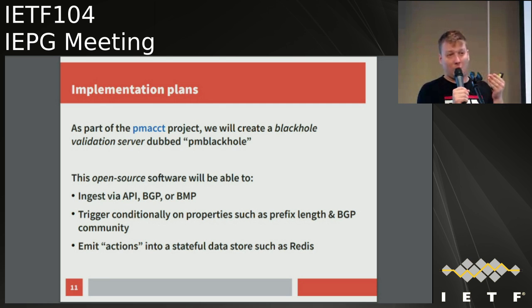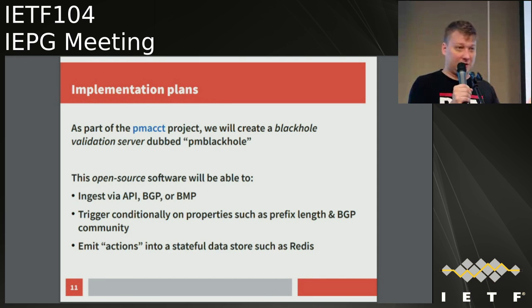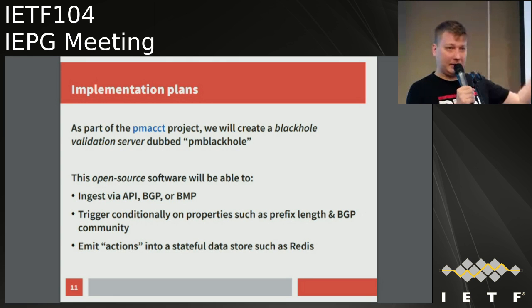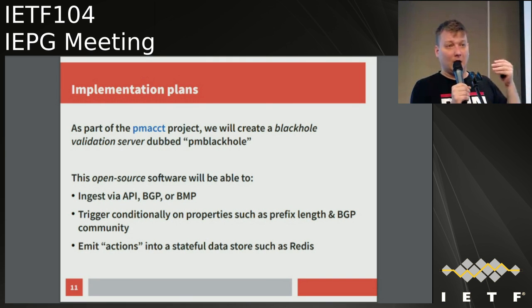It can already walk the RIB in various directions and perform comparisons between more specific and less specific routes. And if the request passes the validation step in pmacct, then pmacct will emit an action into a stateful database, such as Redis, and that stored data can be used to generate injections into your network.